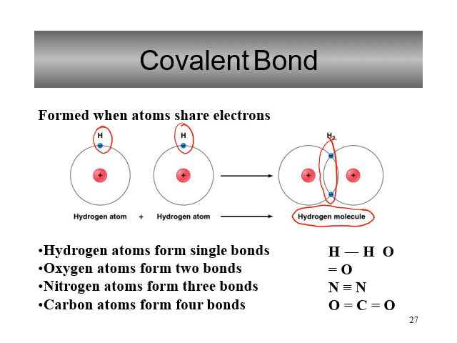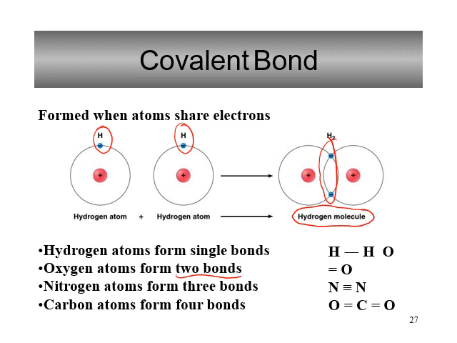Similarly, oxygen forms a double covalent bond. It needs two electrons to fulfill the octet rule. So the oxygen molecule shares two pairs.